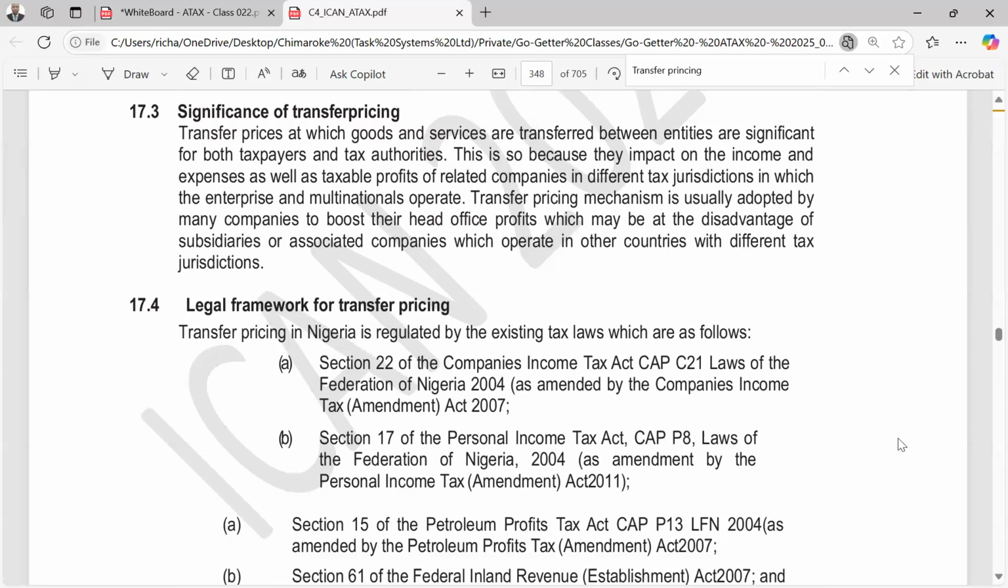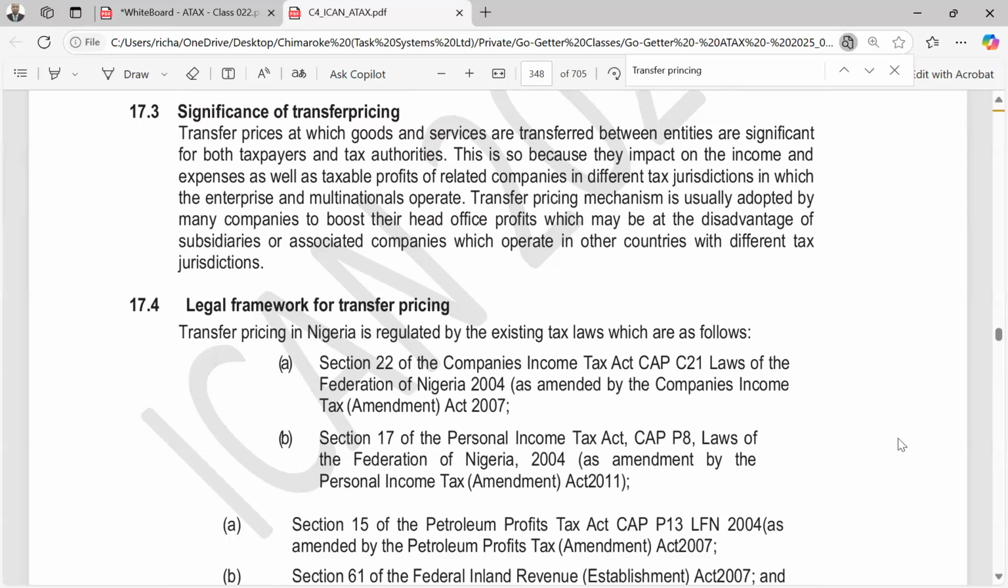Now, the significance of transfer pricing. We said here that multinationals are the focal point here.